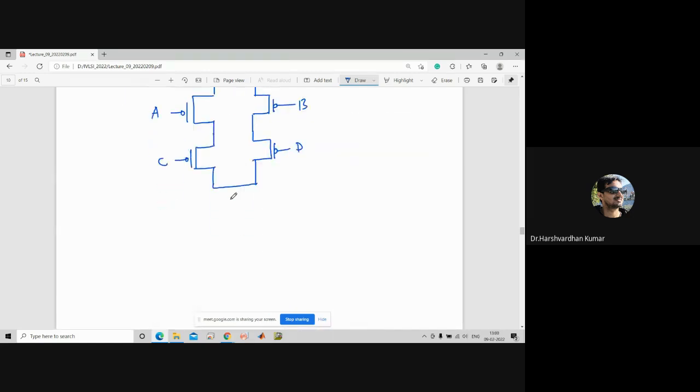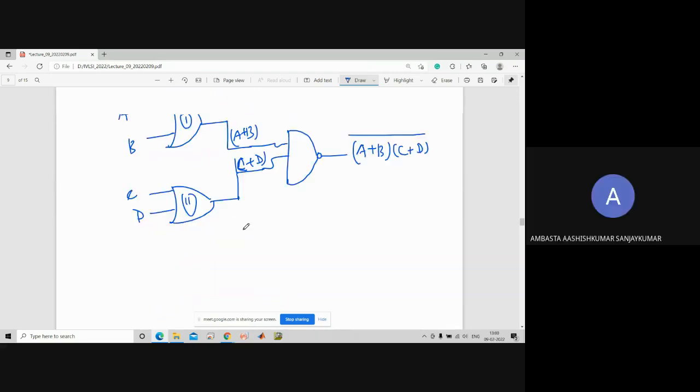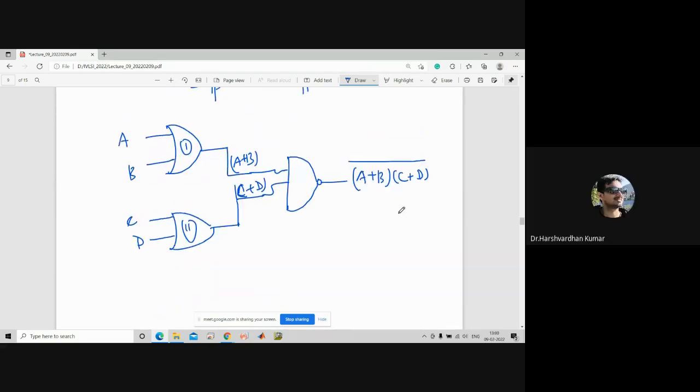We will have to connect the switches in series or parallel? Series. Series. But if you break this equation, then what will be the case? Right? In this way we can write. Any doubt? No, sir. No, right?